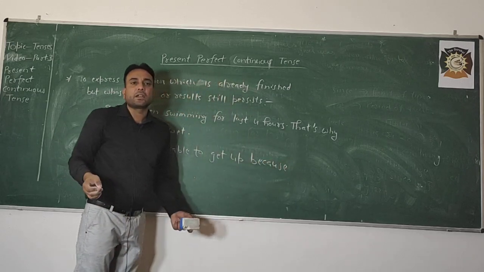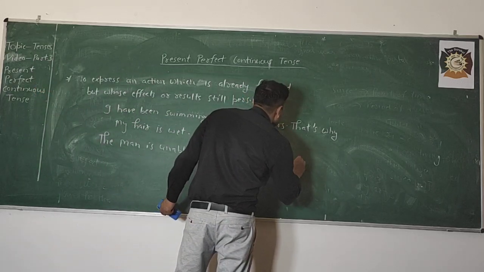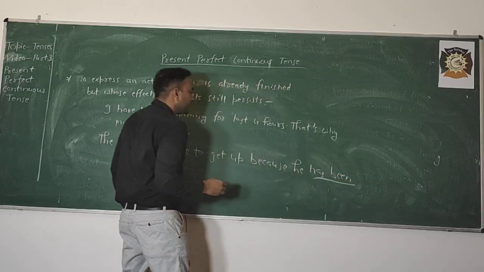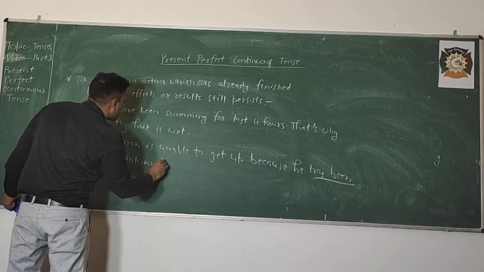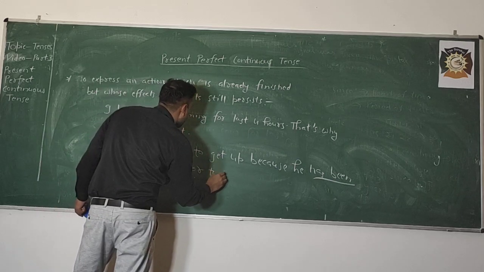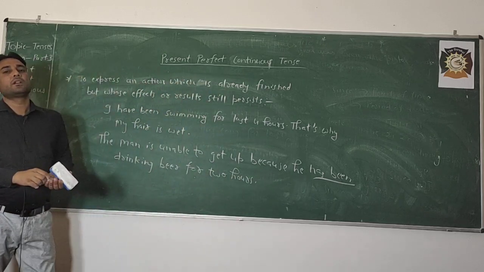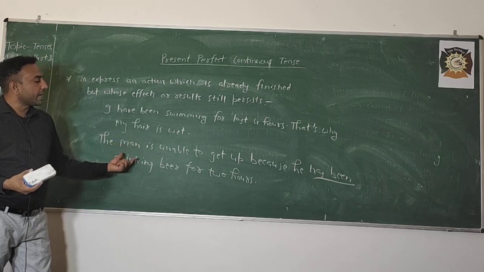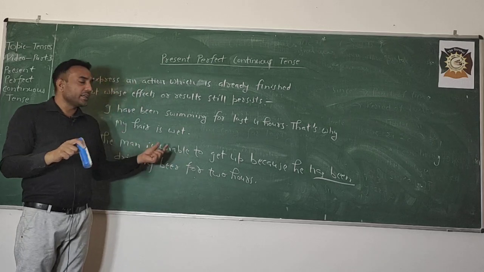Because he has been drinking beer for 2 hours. He has been drinking beer for 2 hours or an hour. So he has been drinking, he has finished his drinking, but now he is lying. He is lying and he is unable to get up.